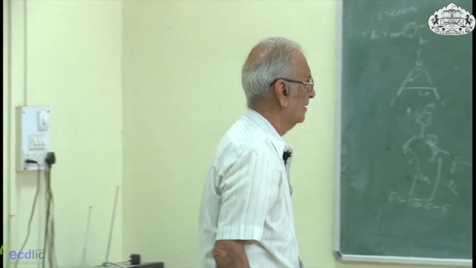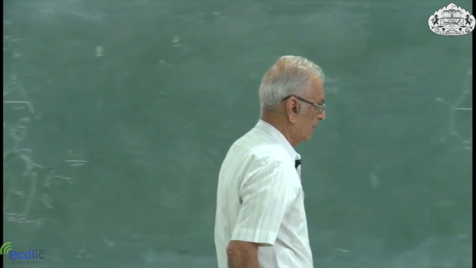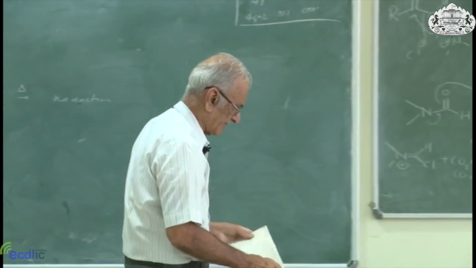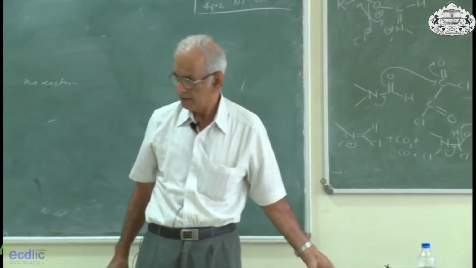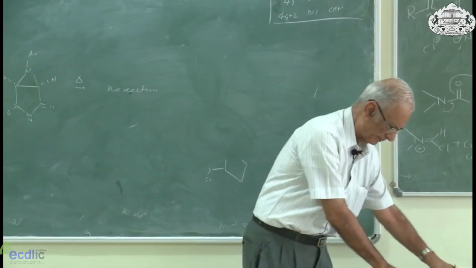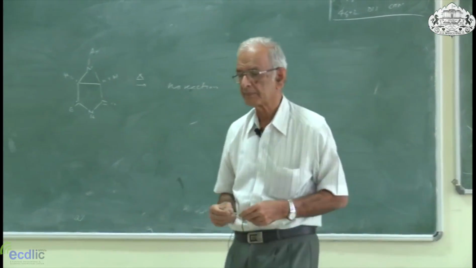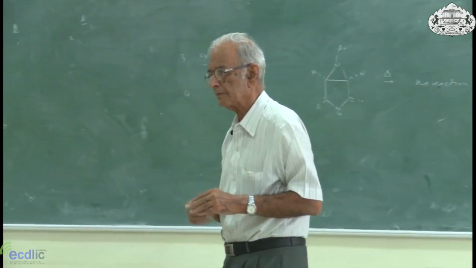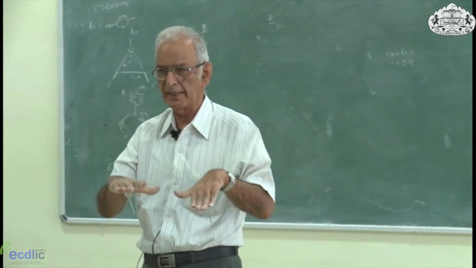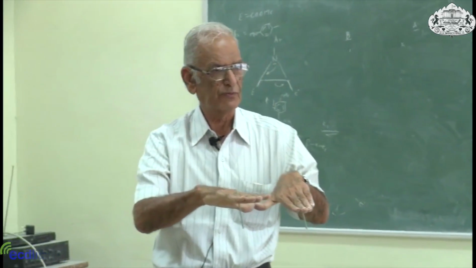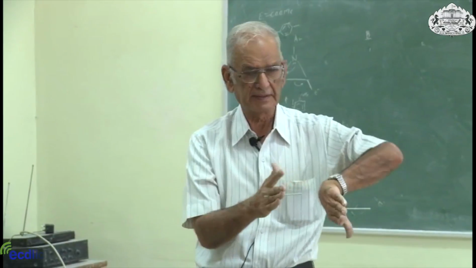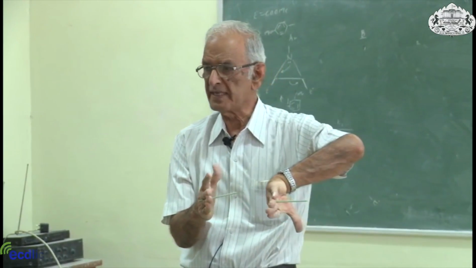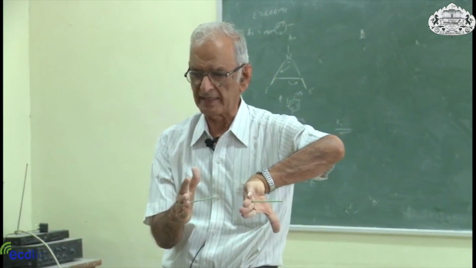Why no reaction? Both my ester groups were on the same side. So, when I do a 4-electron reaction, what should happen? One should be inside, one should be outside.